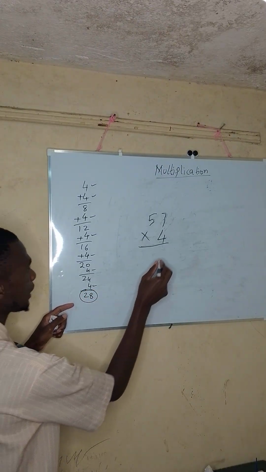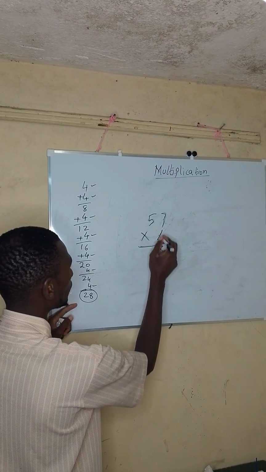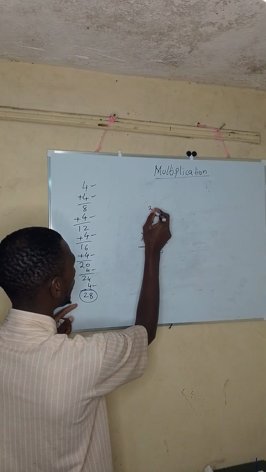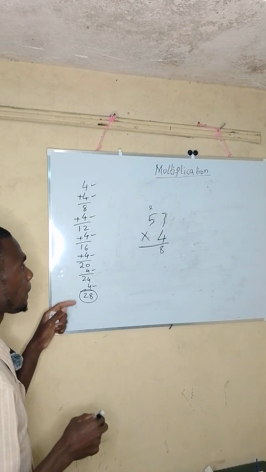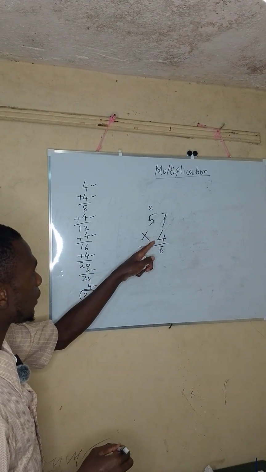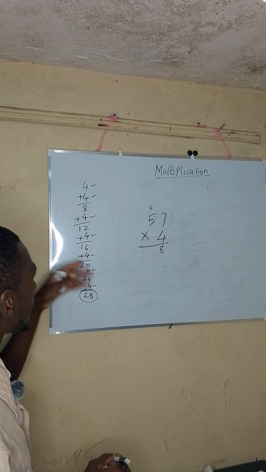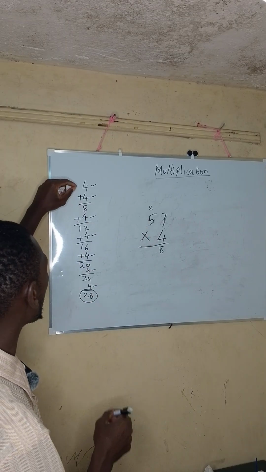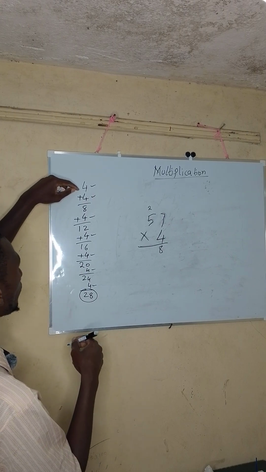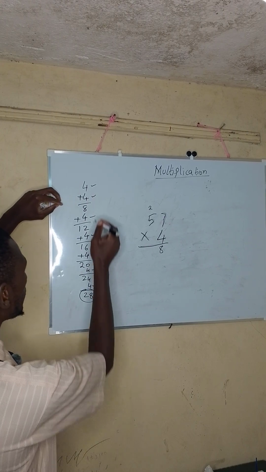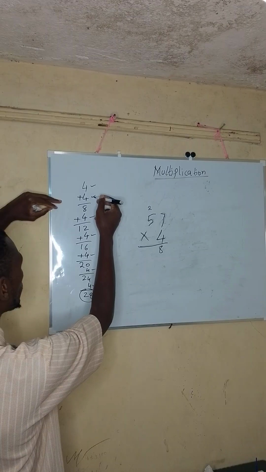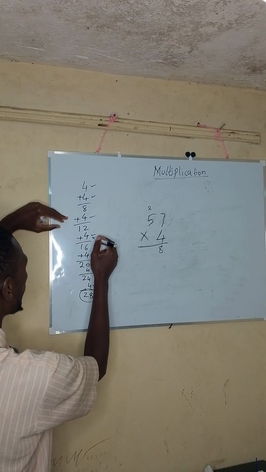So you will write 8 and you will carry your 2 and put it on top of that 5. So when you come here, 4 times 5, you don't need to do another one. All of them are here. So 4 times 5, you will only count 5 4s from here. The first one is 1, 2, 3, 4, 5.